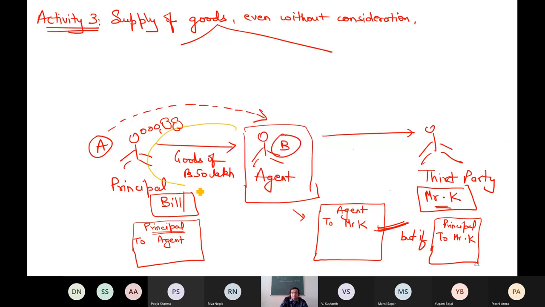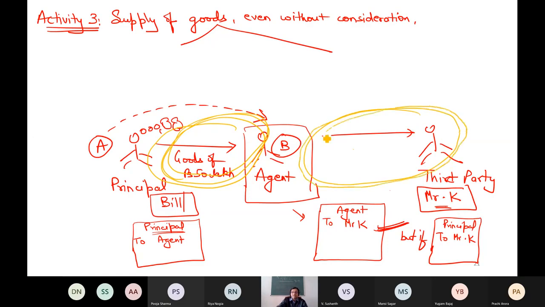This is chain 1. And the second chain is from agent to third party. So two chains are happening. These are the supply chains, you can say. Two things are happening simultaneously. Principal to agent, agent to third party. I am only talking about principal to agent because agent to third party is by default a supply. There is no question because these two are totally unrelated.